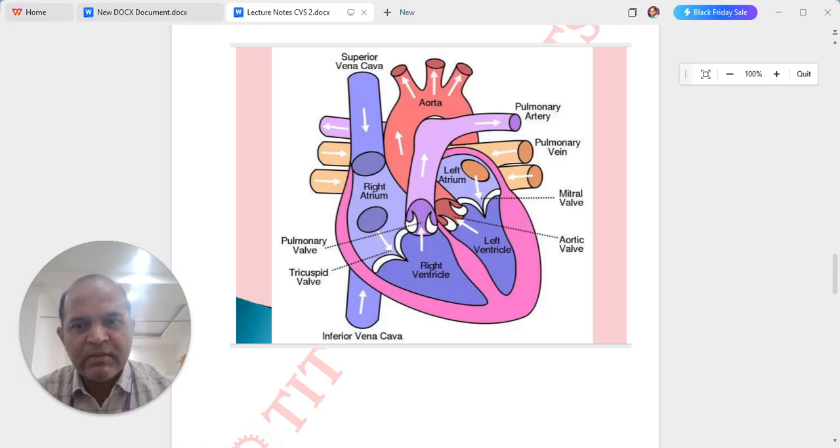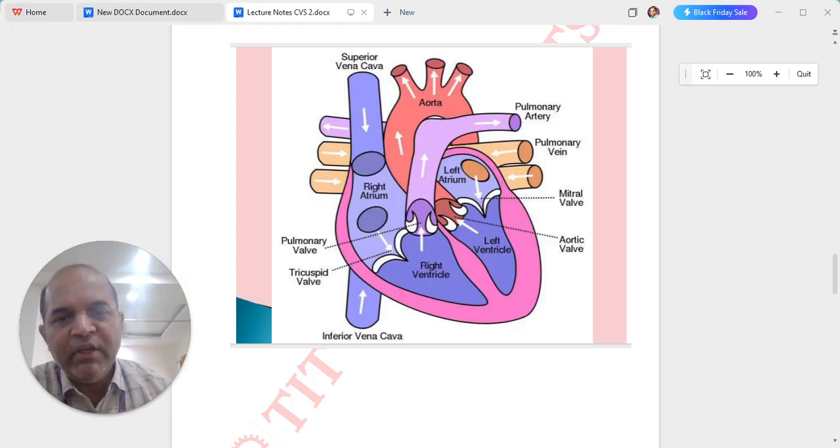So one is the tricuspid valve, one is the mitral valve, another one is the pulmonary valve, which is found in the pulmonary artery, which carries the blood from the right ventricle to the lungs for purification, means oxygen intake and carbon dioxide exhale.